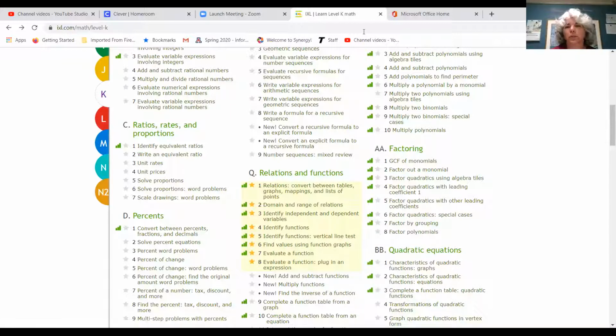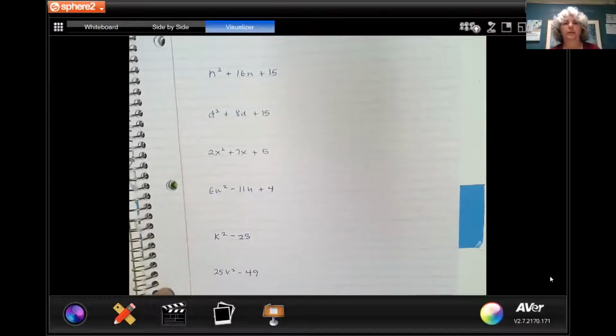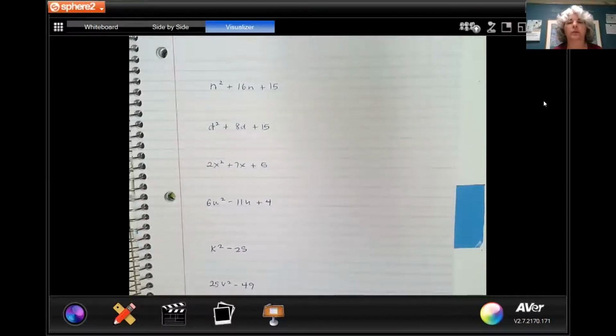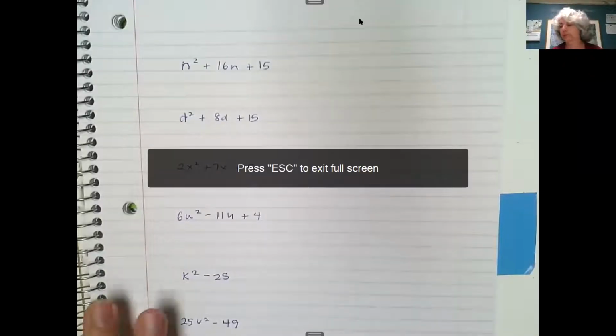Let's go to the document camera and work through them. So here are the 6 examples that I took from the IXL website. All right.